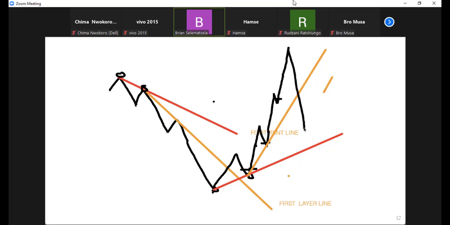And when it comes back to this point, that's when you want to close the profit, because sometimes you can easily get wiped out. So in order to avoid situations like this, there are lines that we draw, like the first layer line, this one, which will be the one that informs us when the market is going in the opposite direction.